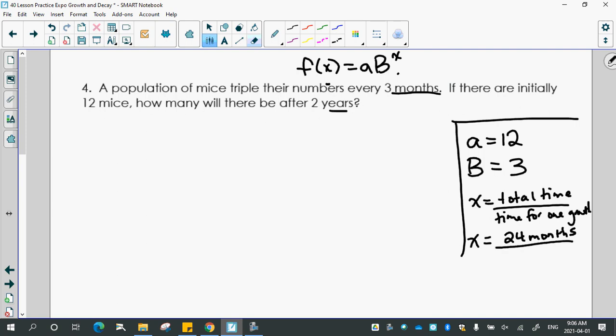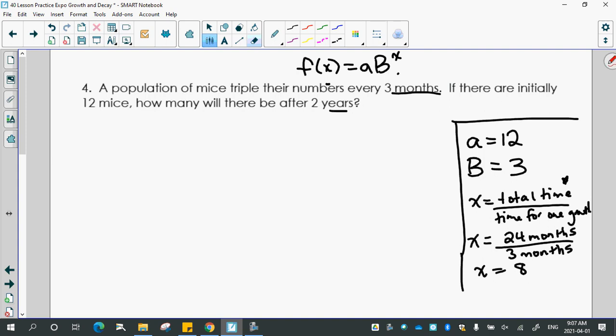And the time for one growth period is 3 months. Which means x is going to turn out to be 8. Okay? So this formula is really important to remember.